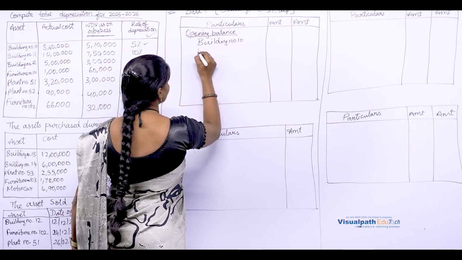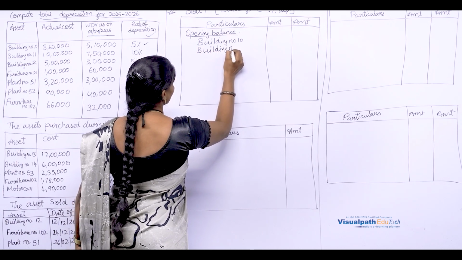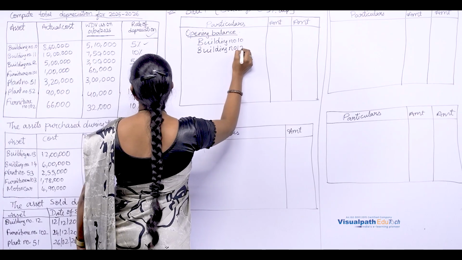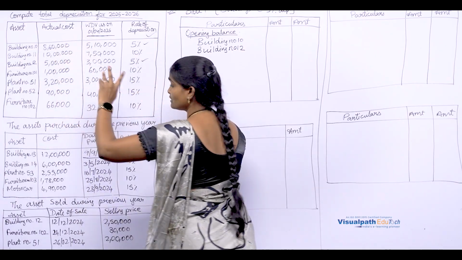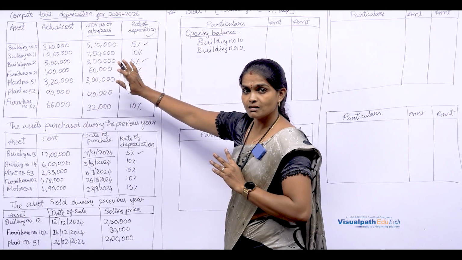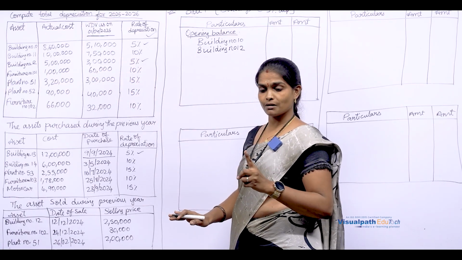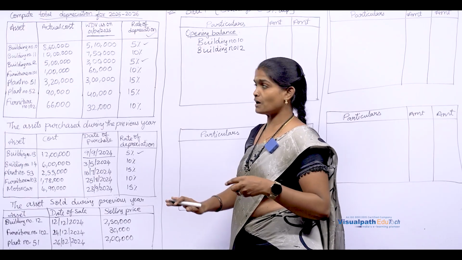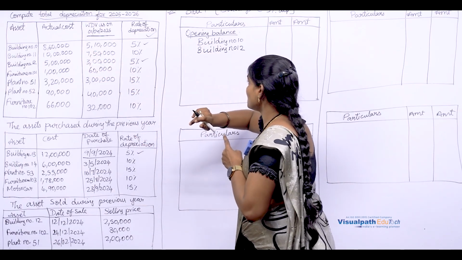Building number 10 and building number 12. Building number 10, written down value we have to take. Here actual cost is also given, written down value is also given. Now always you need to calculate, you have to take the written down value only. Now first written down value of building number 10 is 5,10,000.